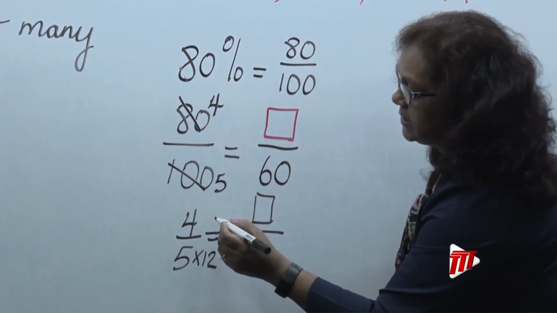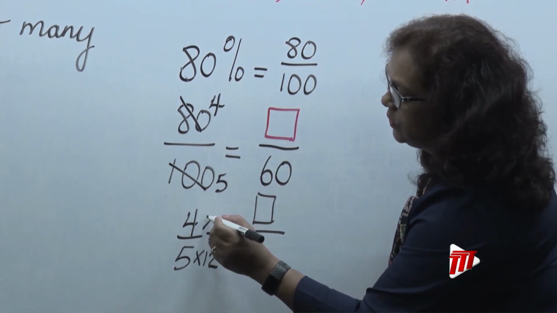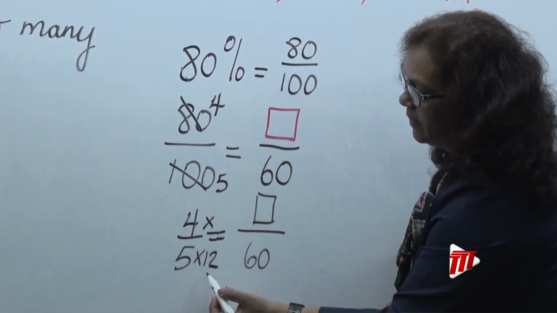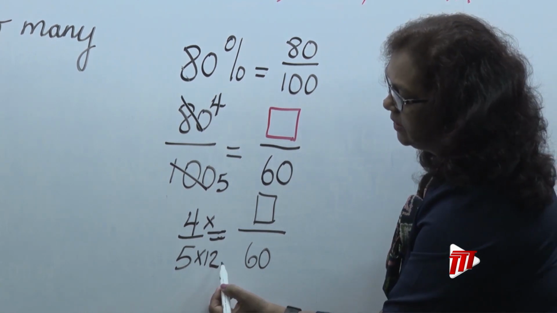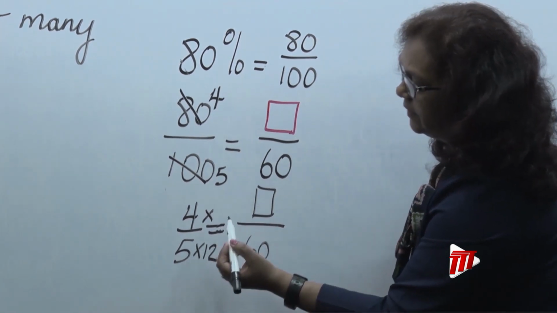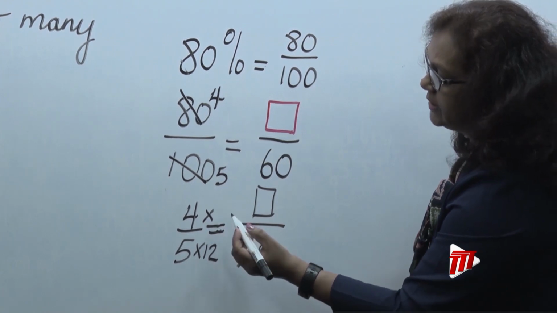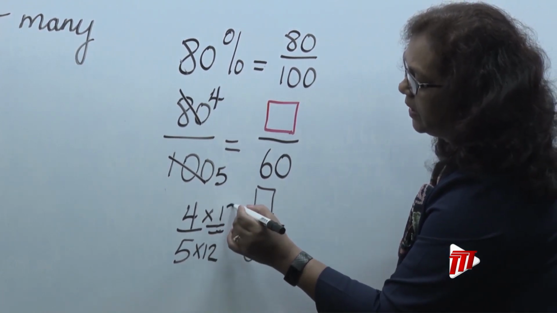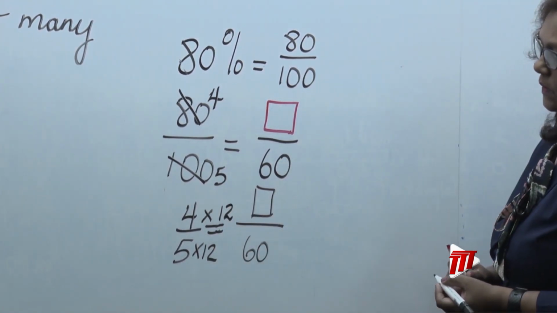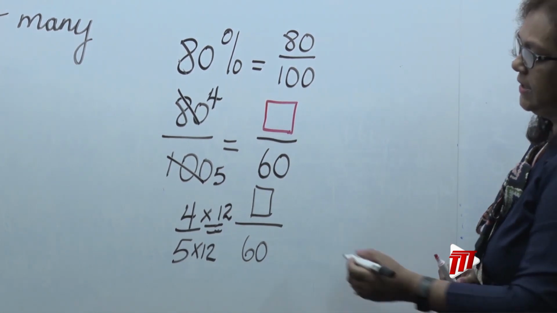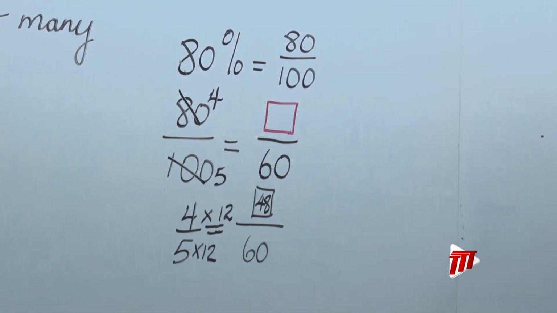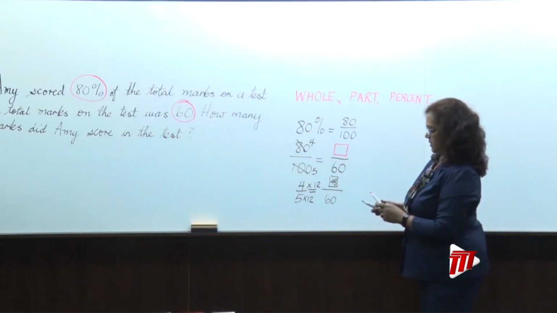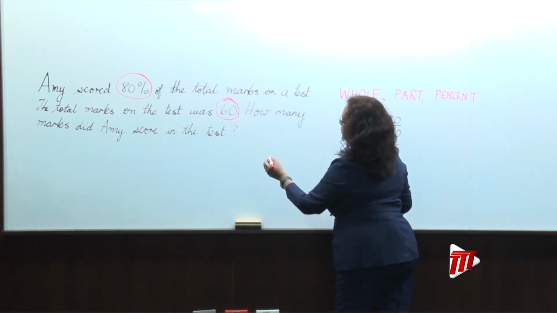So in this case, I'm working backwards. If I multiplied 12 by 5 to get to 60, then I'm going to multiply the numerator, 12 by 4. And my answer there is going to be 48. So the number of marks that Amy scored is 48.